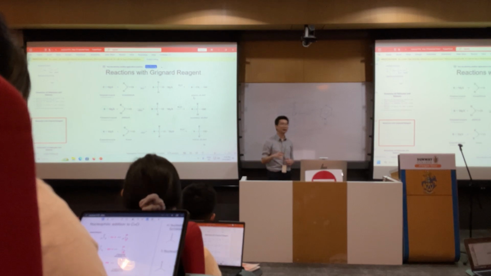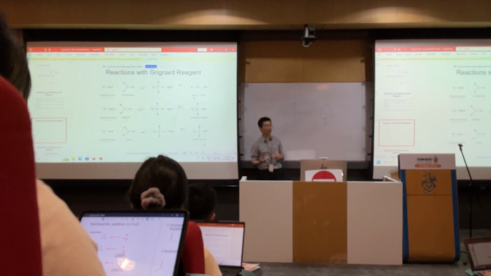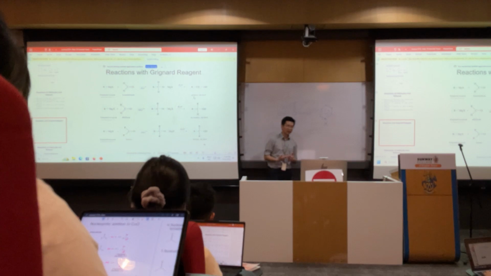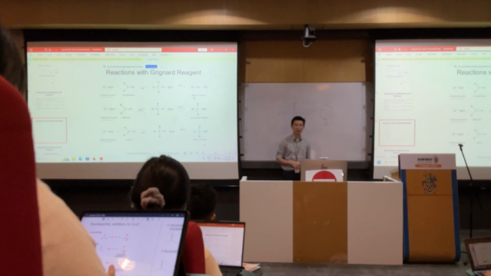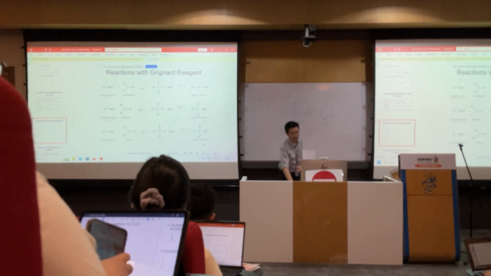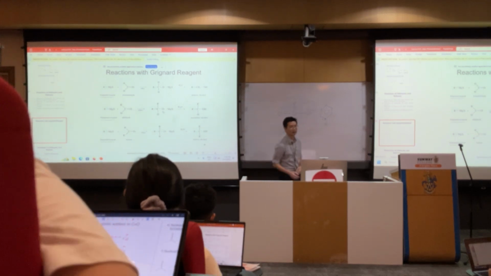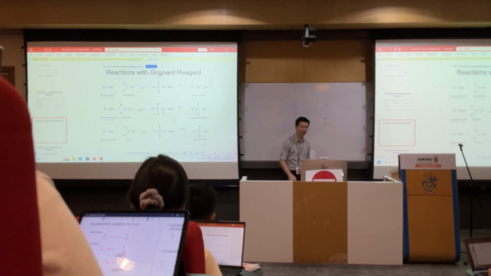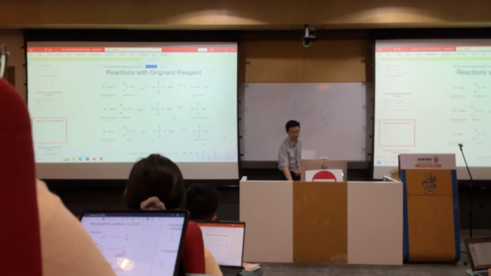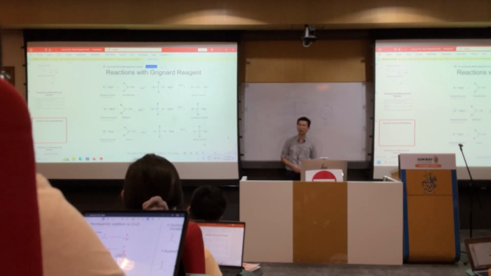So depends on the type of Grignard reagent, whether it contains a primary or secondary or tertiary carbon. So the outcome will be dependent on the number of carbon present in this Grignard reagent. Okay, for example, if we react a Grignard reagent with ketone, it will give us a tertiary alcohol.